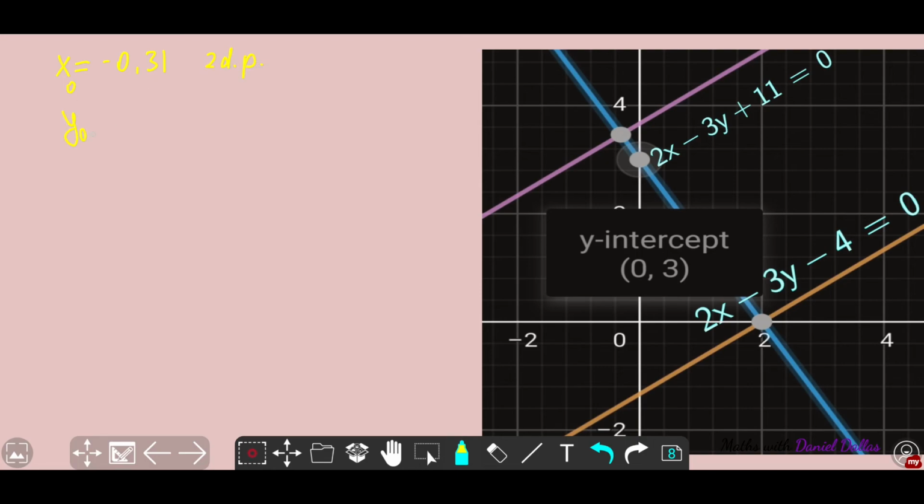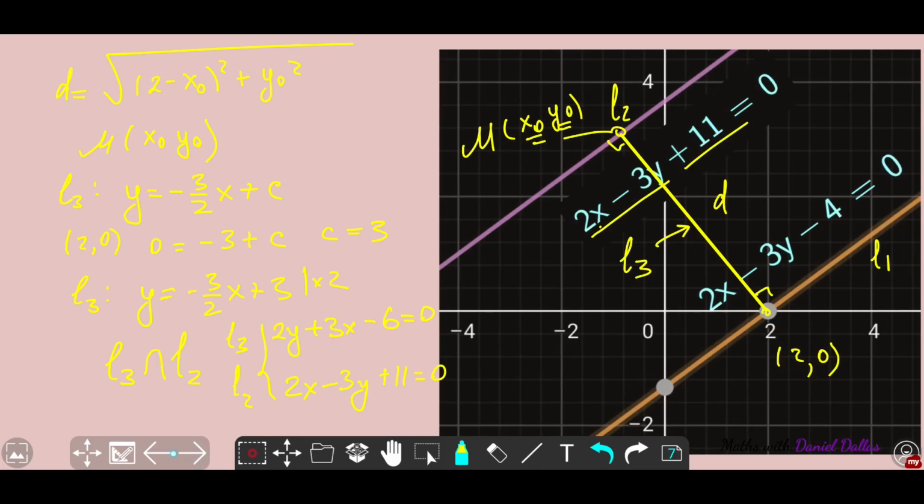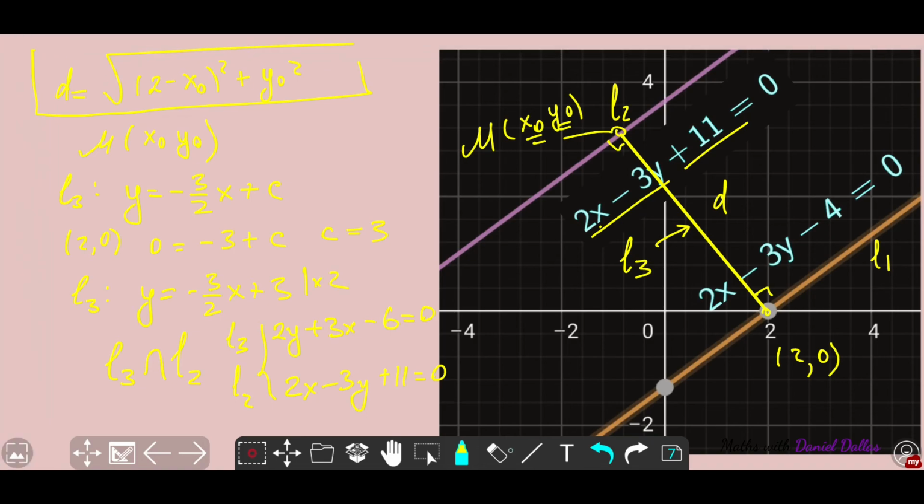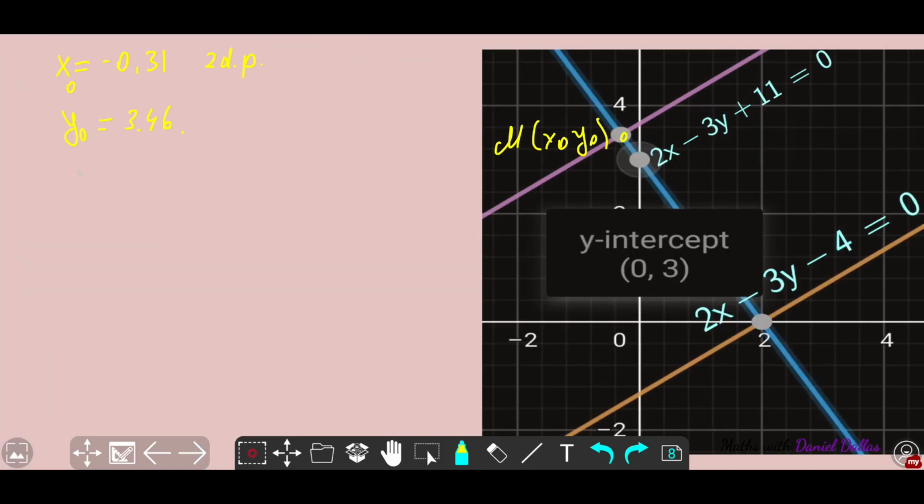Now we have the coordinates of M with the values x0, y0 that we found, and we plug them into the formula for distance. The solution is around 3.47.